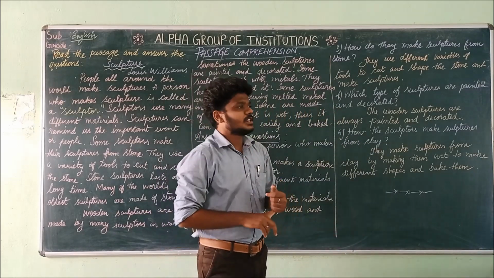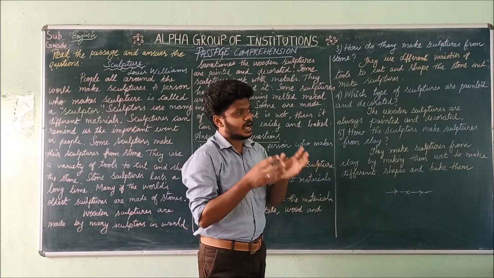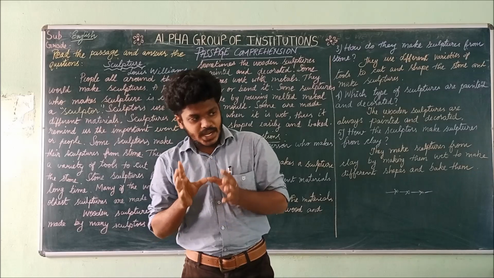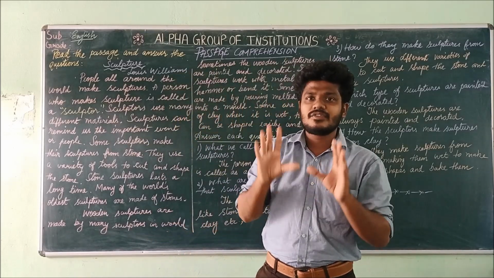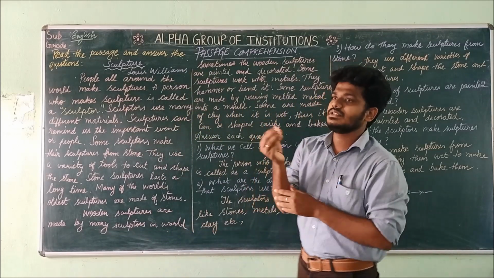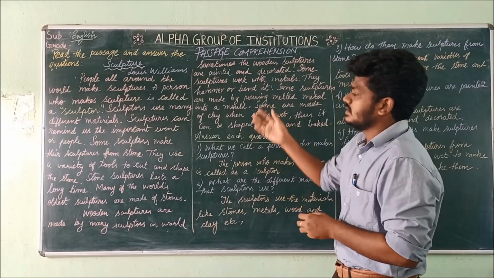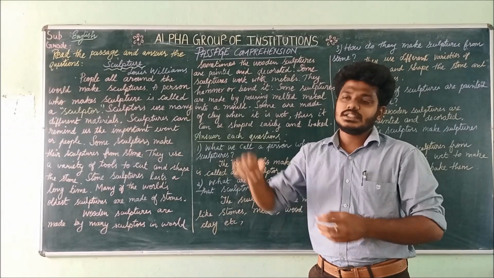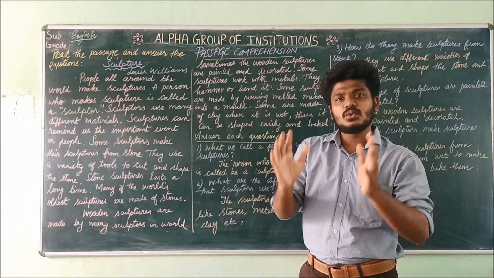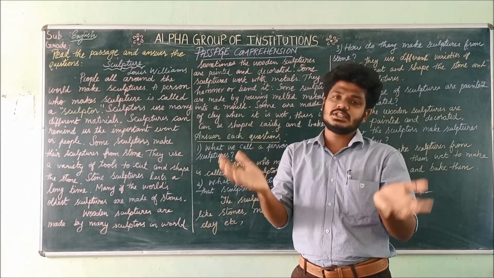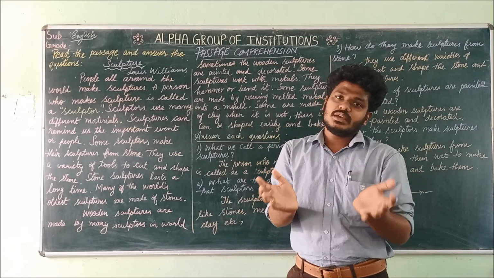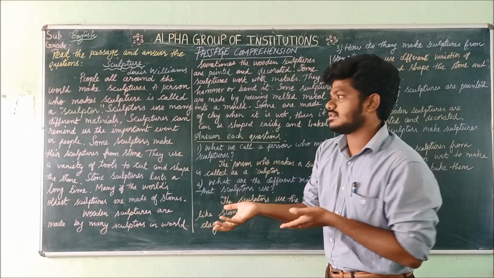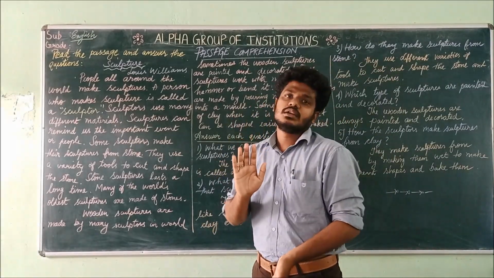In some cases, most of the god idols in temples are made of five metals. What they do is heat the metal, melt it, and pour it into the mold. A mold is nothing but a shape that is already made, whether it may be a god's face or a god's idol, or anything else.